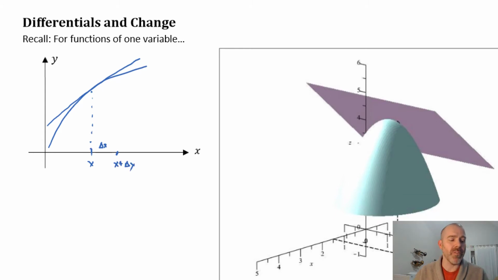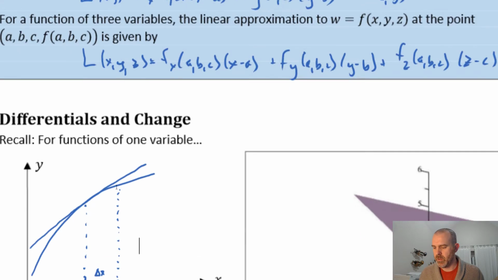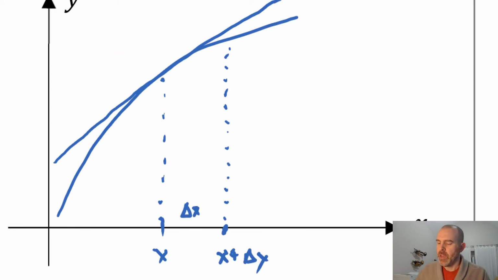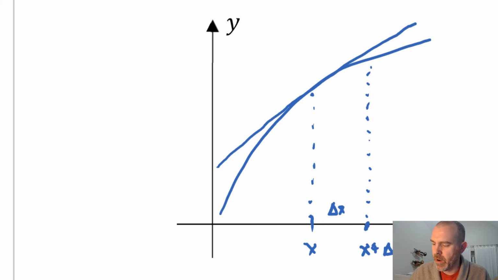Then there are a couple of corresponding changes that we want to focus on here. Let's zoom in on that. The two changes we have here: one, we have a corresponding change in the function. The y corresponding to that change in x changes some delta y.